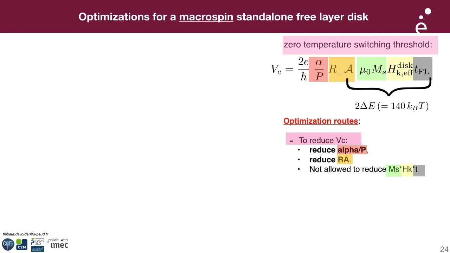And so what you can gain is by reducing the damping parameter of the free layer. You can also gain by reducing the resistance area product of the junction, that is to say making the junction thin, the MgO layer thinner. Okay. But you're not allowed to reduce the product of the magnetization, anisotropy and free layer thickness, because this somehow sets the energy barrier.